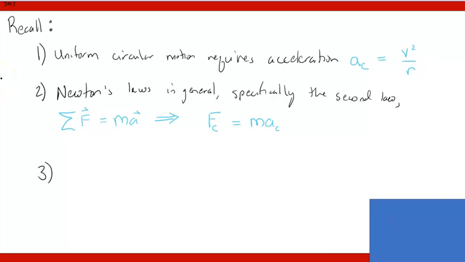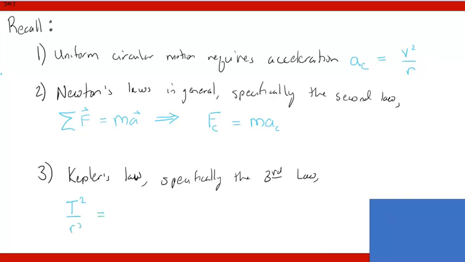The third thing to recall is Kepler's laws, and specifically the third law, which we previously rendered as t squared over r cubed for one planet is t squared over r cubed for another.